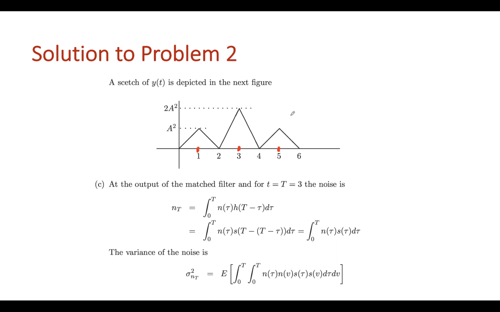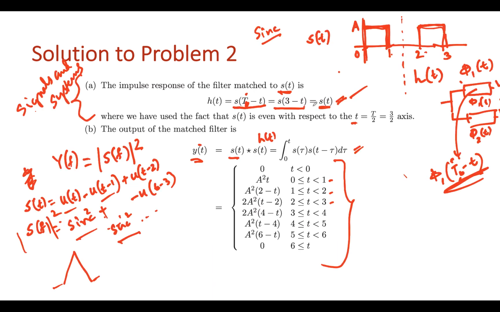So the way you write this in terms of equations in time is this. Basically between t equal to 0 to 1 you have one side of the triangle, between 1 to 2 you have another side of the triangle which is given by this, and the amplitude here is a square, okay.